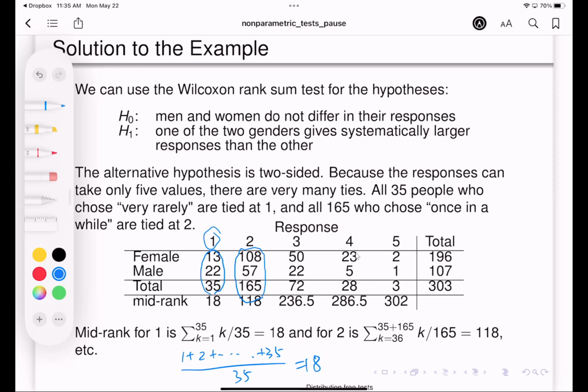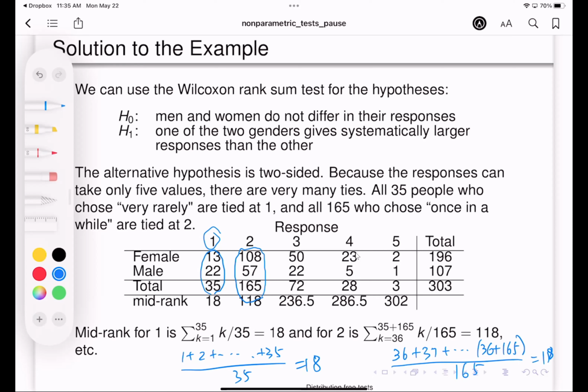The next would be originally receiving the ranks of 36, 37, and all the way until 36 plus 165. This is the last one in terms of the ranking, and this is for 165 persons. That gives us an average of 118 as the mid-rank for response value of 2, and so on. So those are the mid-ranks.